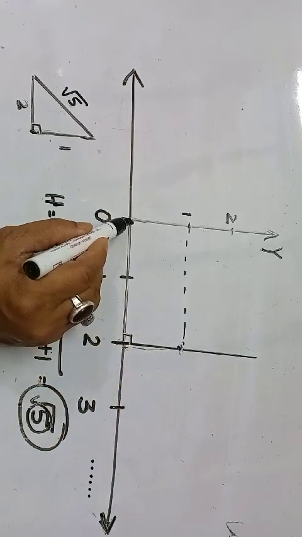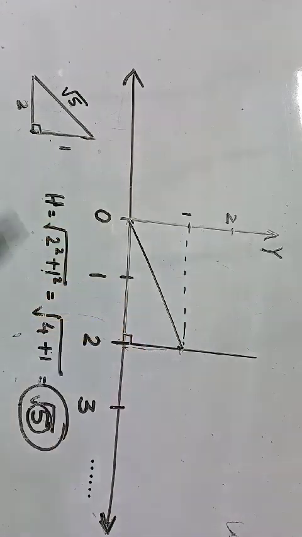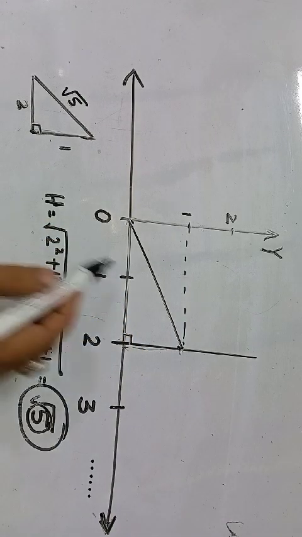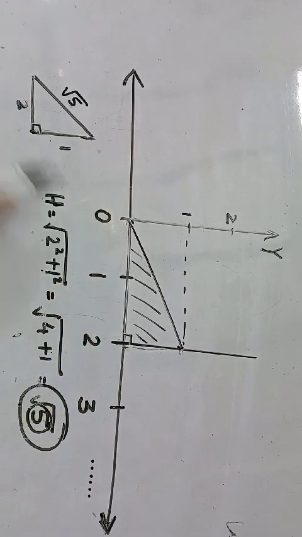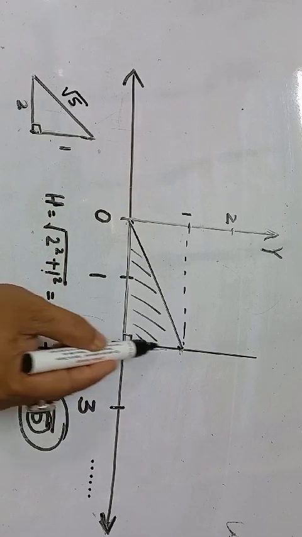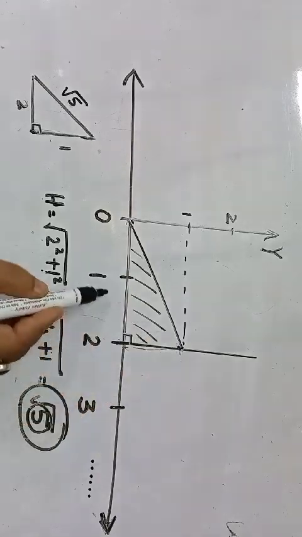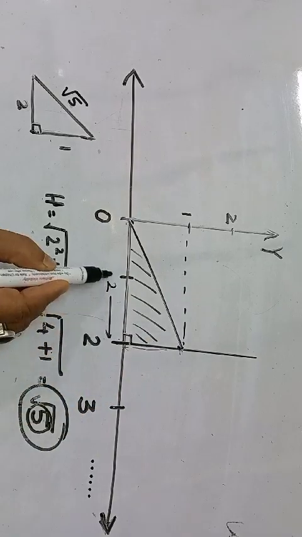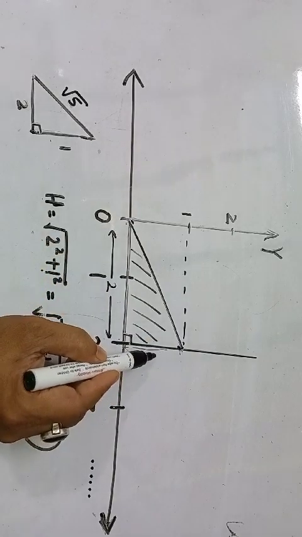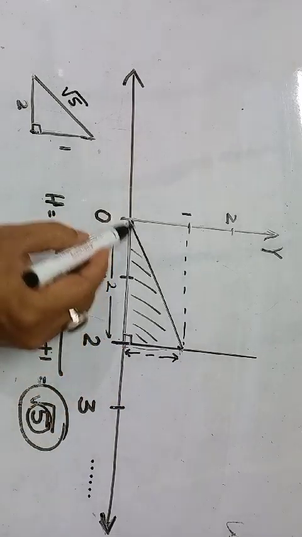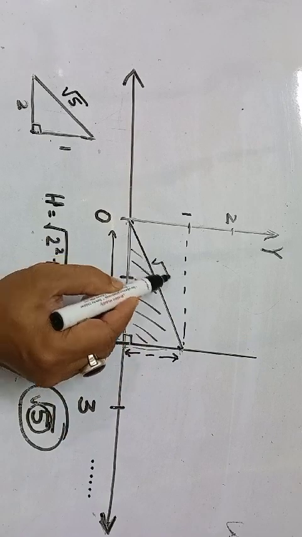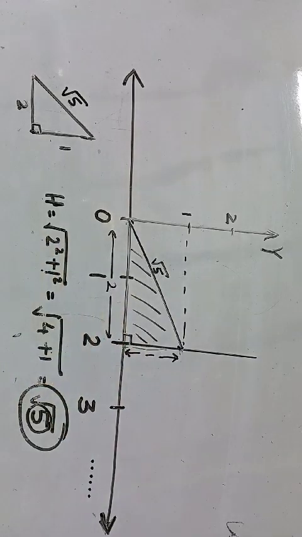Yes. So let me just join this. If I consider this to be my right angle triangle, naturally this becomes the base, this becomes the perpendicular, 2 units and 1 unit. So therefore my hypotenuse becomes root 5 units.